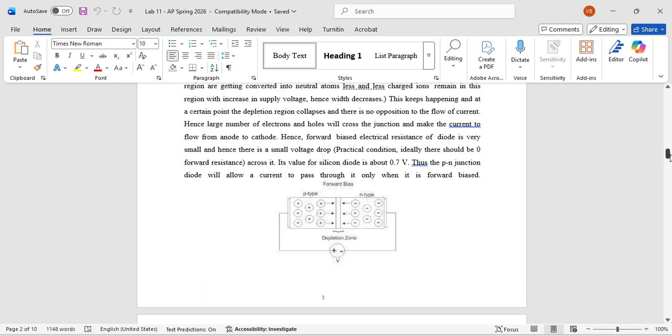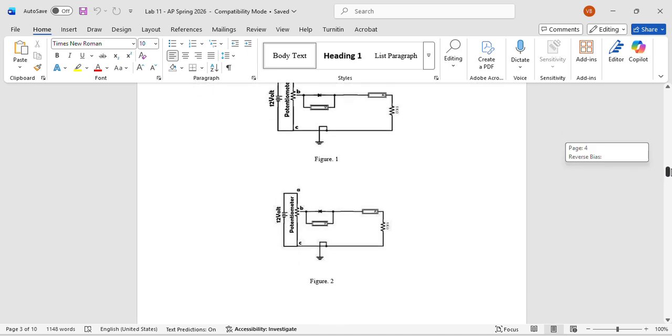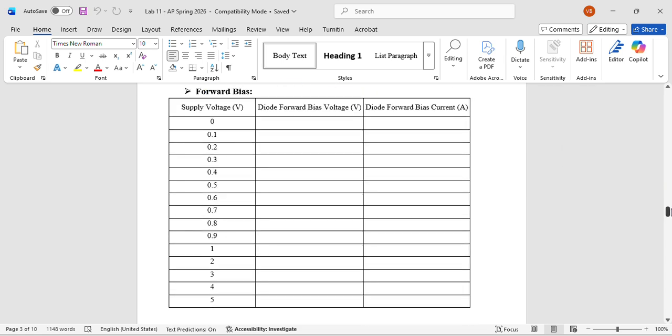And this is the basic internal understanding of the holes and electrons within the PN junction diode. These are the circuits, and this is the table which we have to fill and then plot, in order to understand this phenomenon.